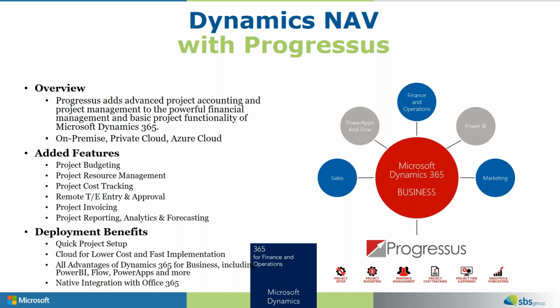We add in the project budgeting, the project resource management, all the time and expense entry and approval that's needed, project invoicing, and all of the rich analytics that's expected, all available through the Progressus solution.